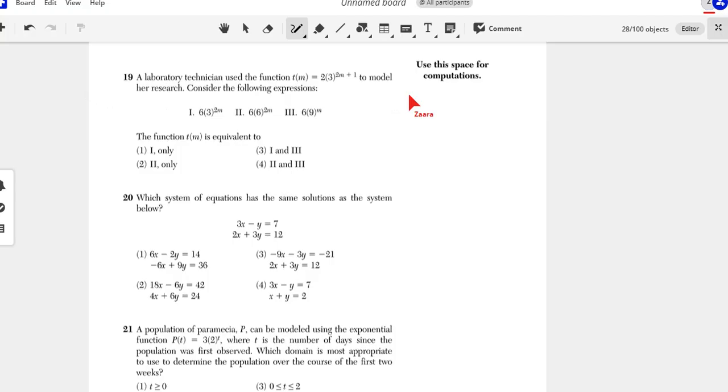So for this one, I got D, 2 and 3 only. How did you get that? I solved both of these, and they had the same solution.